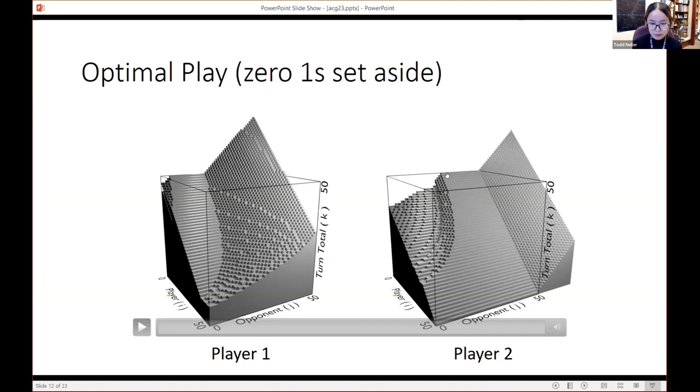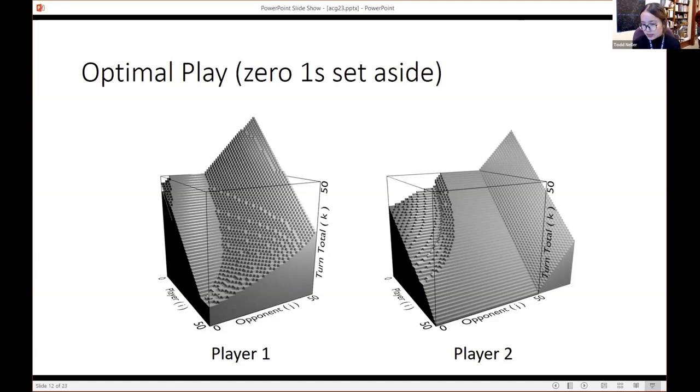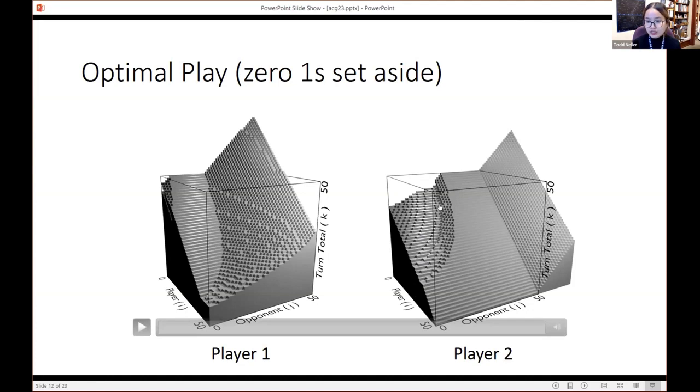But for player two, at the beginning, you can see player two seems to take less risk and only wants to maintain a good distance compared to player one's score. But at the later stage of the game, both players want to win, so they will roll until reaching 50 points.